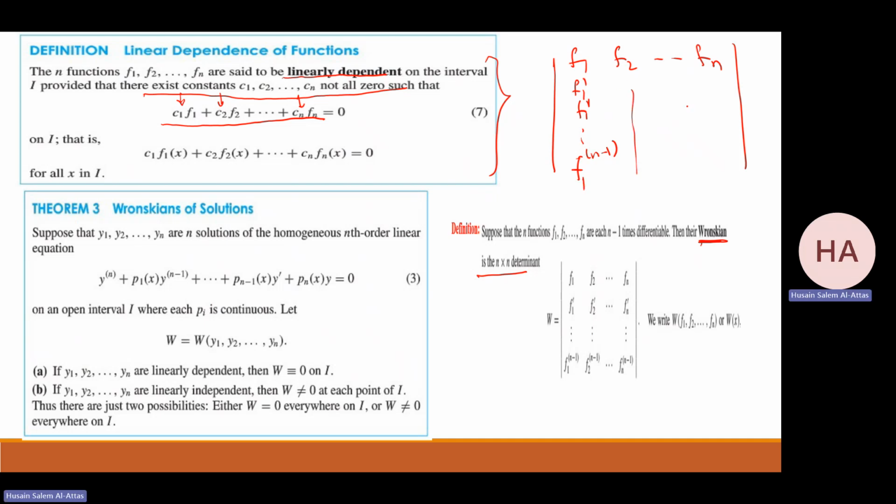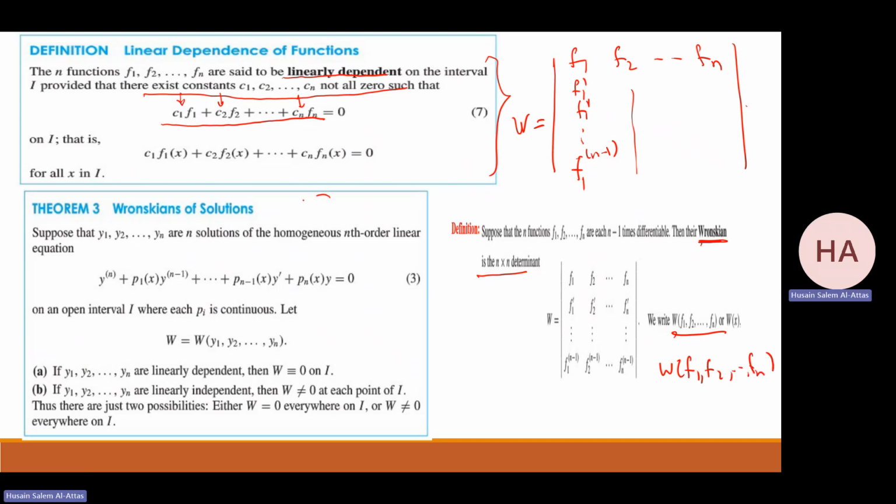And do the same for f2, up to fn. I want this determinant not equal to 0. This is the definition of the Wronskian for any function, and they wrote it this way: W of f1, f2, up to fn.